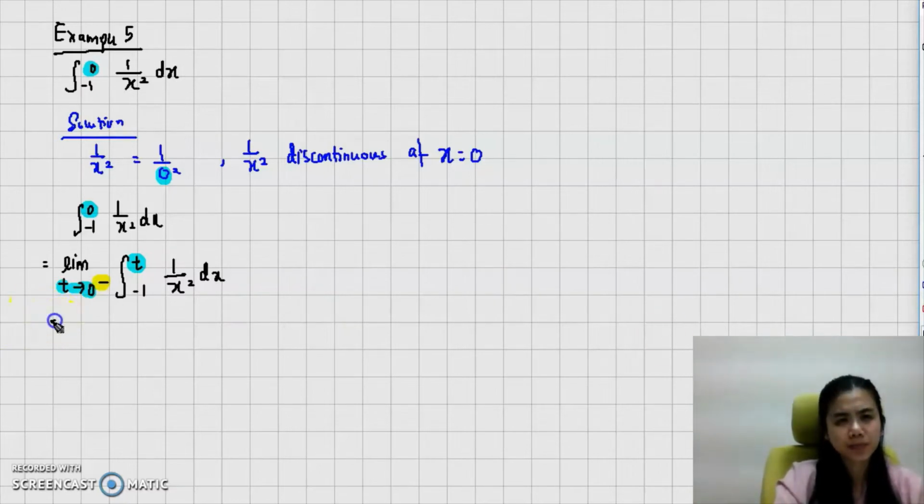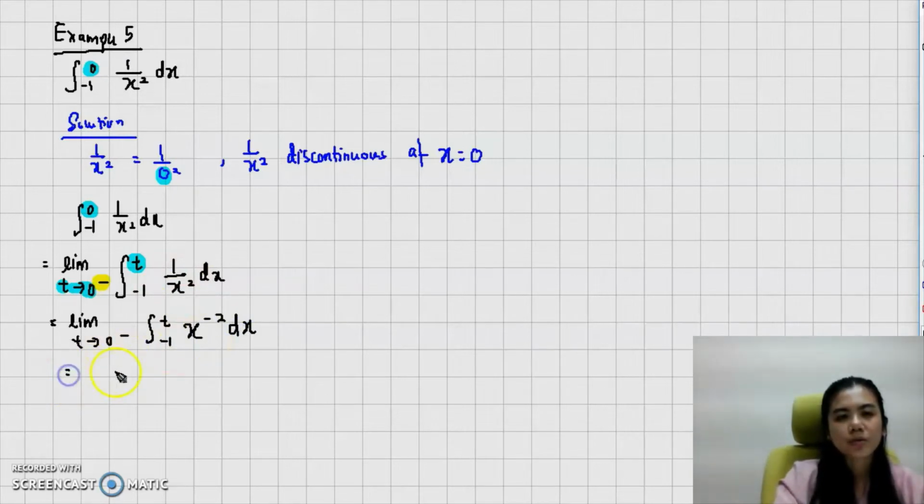Let me copy back. This form has a very easy way to integrate. Just change it back to x to the power of -2, and you can do the integration as normal.